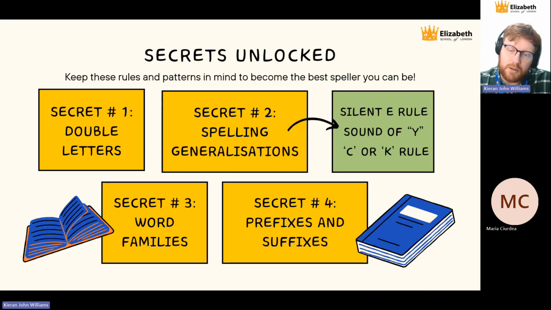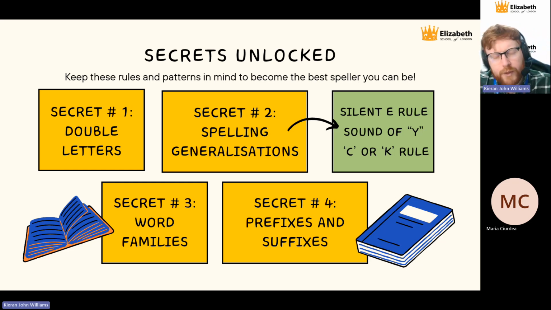So we've looked at those little secrets. We've talked about the double letters, and the general rules that we can use. We've mentioned how we can use the silent E sound to make a vowel sound longer. We've talked about how Y can change the sound, and how P or K are used for that sound.